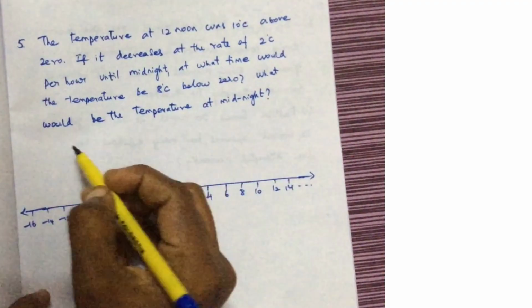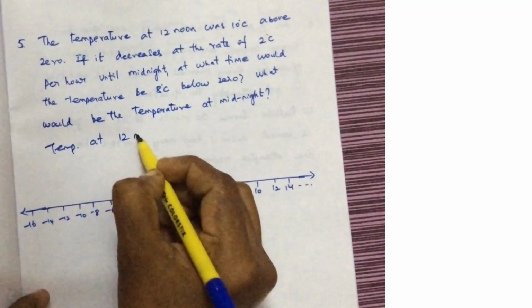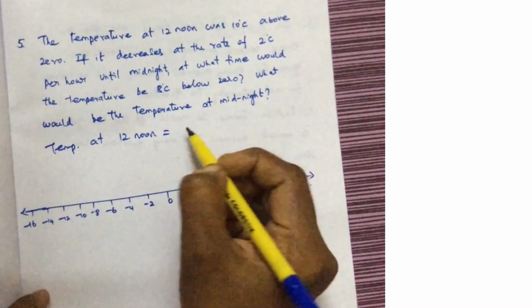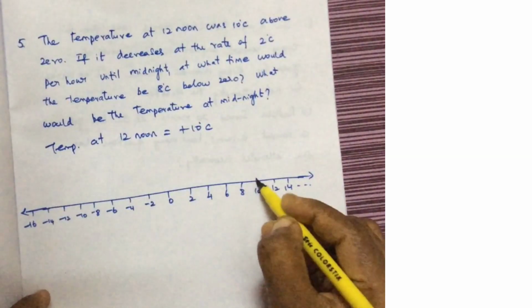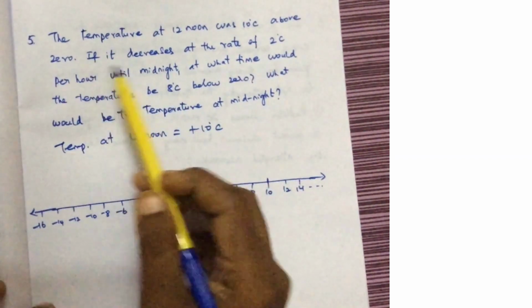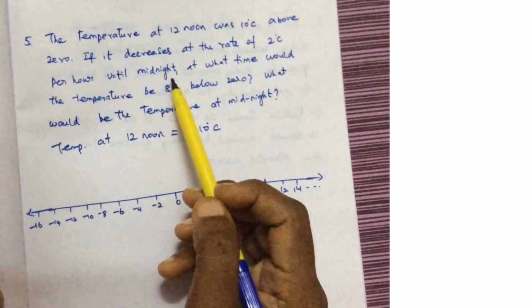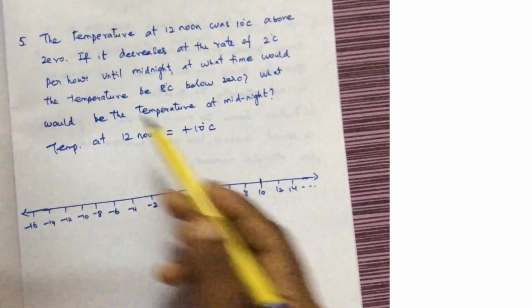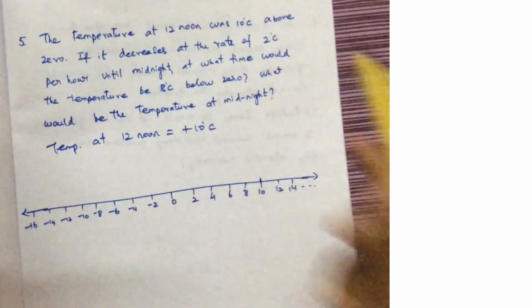Okay, now the temperature at 12 noon is plus 10 degrees Celsius, that is at this point. If it decreases at the rate of 2 degrees Celsius per hour until midnight, what does it mean? For every 1 hour it is decreasing at the rate of 2 degrees.